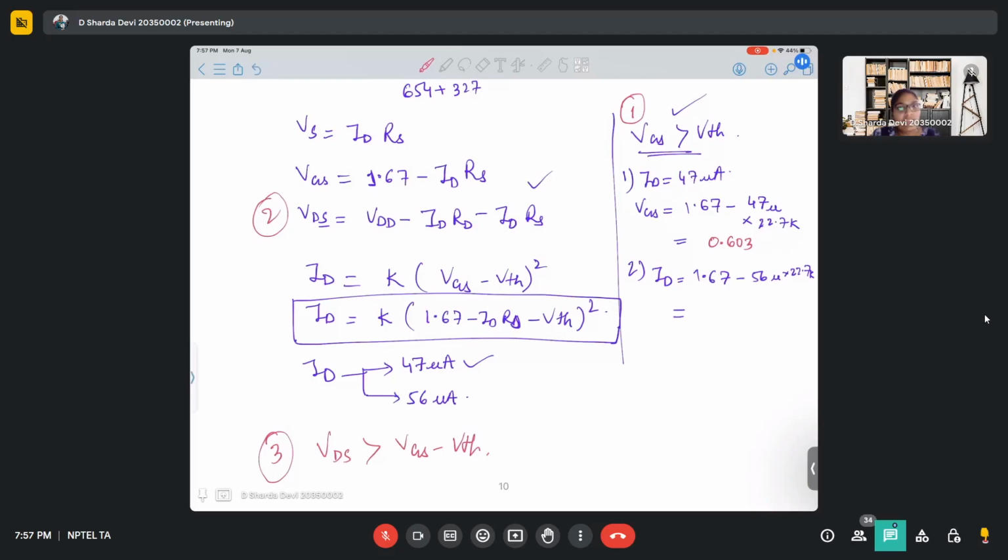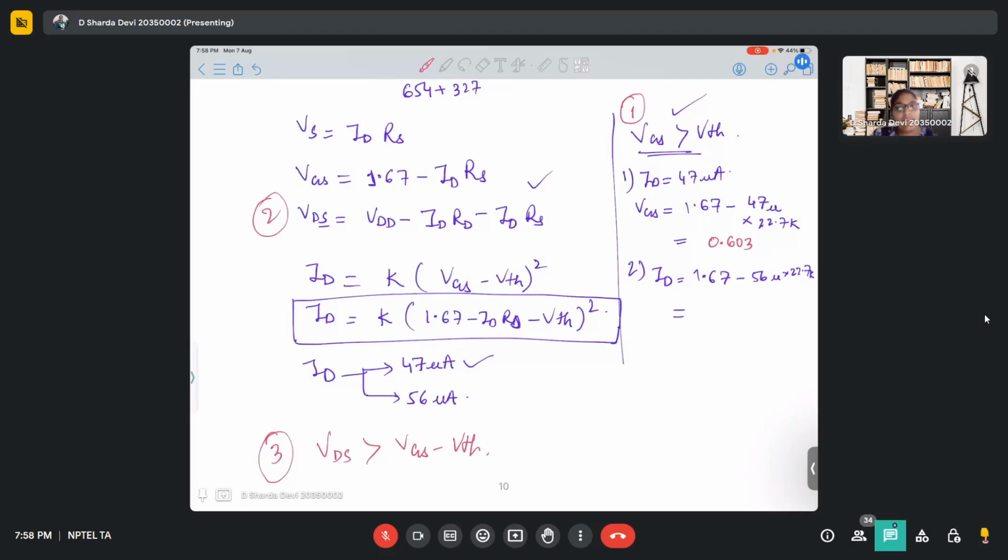Because the critical equation was not VDS greater than VGS minus VTH, but rather VGS greater than VTH.